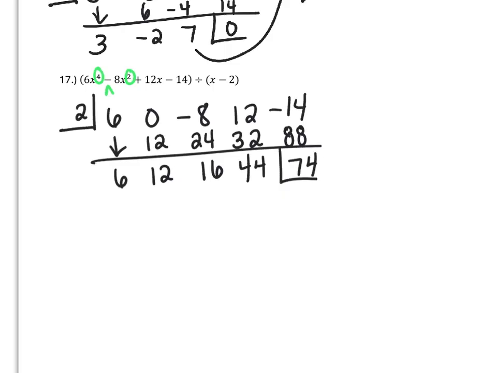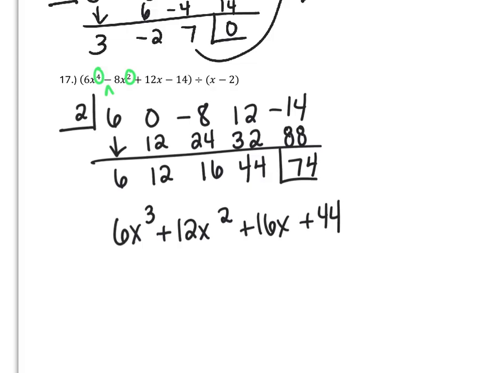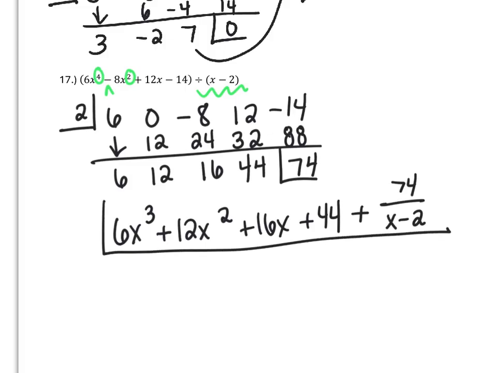So 1 degree less than our original: 6x to the 3rd plus 12x squared plus 16x plus 44. And then we write the remainder as that number that we got, 74, over the binomial that we were dividing by, x minus 2. So this is our answer with our remainder.